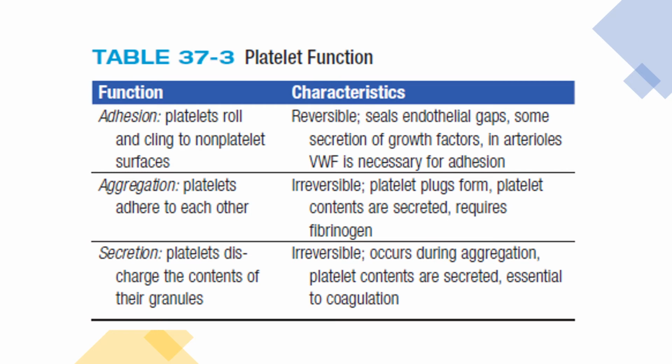These would be the specific functions of the platelets: one is adhesion, second is aggregation, and thirdly, secretion. Adhesion is when the platelets roll and cling to non-platelet surfaces. Aggregation is when platelets adhere to each other, and secretion is when substances are released from the platelets.